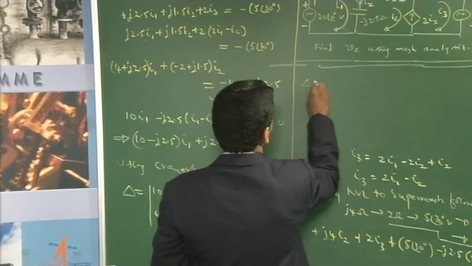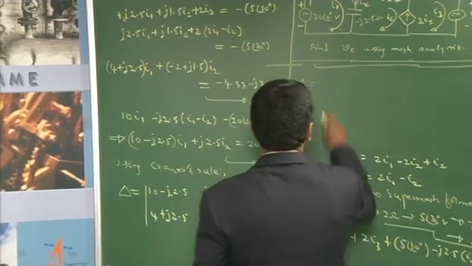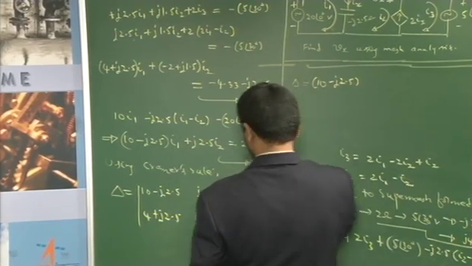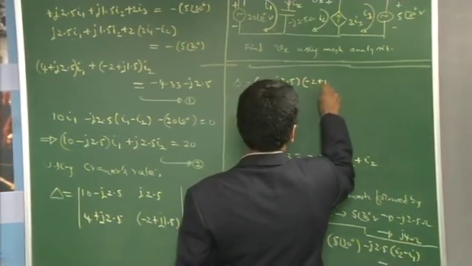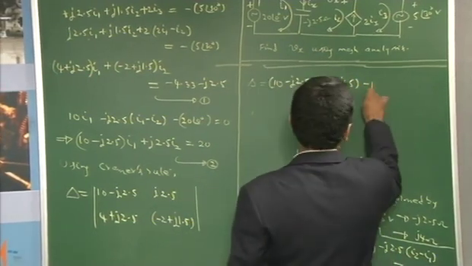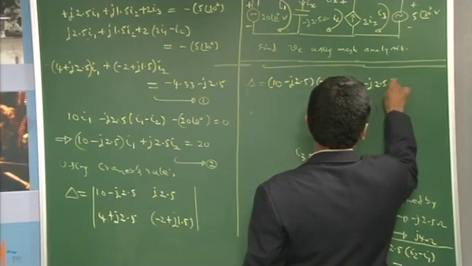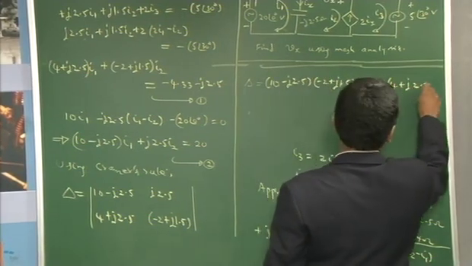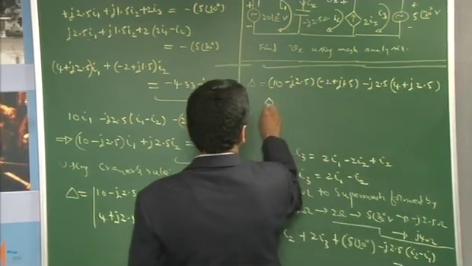So, delta is now equal to (10 minus j2.5) into (minus 2 plus j1.5), then minus j2.5 into (4 plus j2.5).